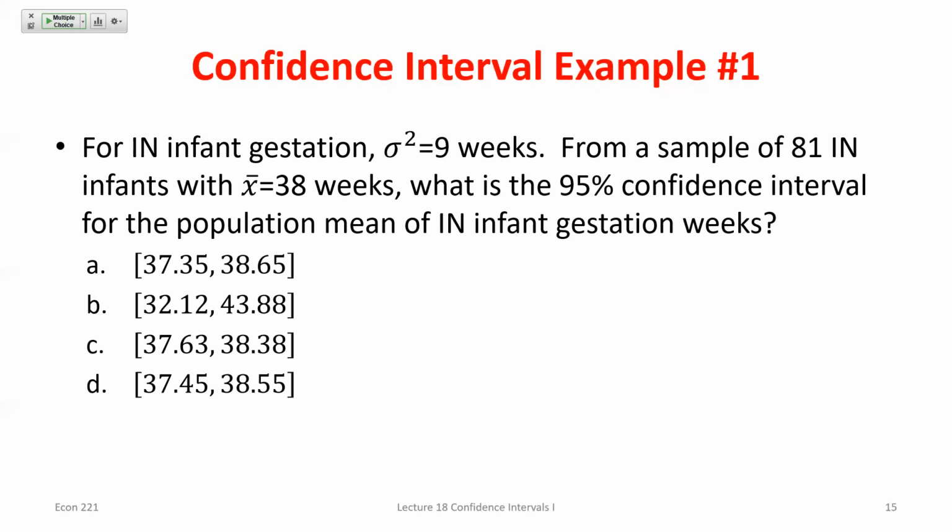Total area in those tails is 0.05. Each tail would have half of that, so I know this is the area I want in the tail, 0.025. When I went to that standard normal table, I looked up that probability in the middle of the table and found the corresponding z-score, which was negative 1.96.